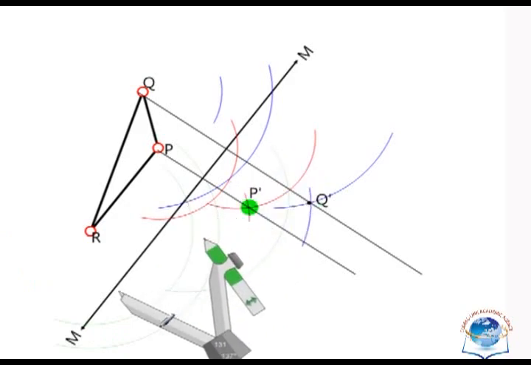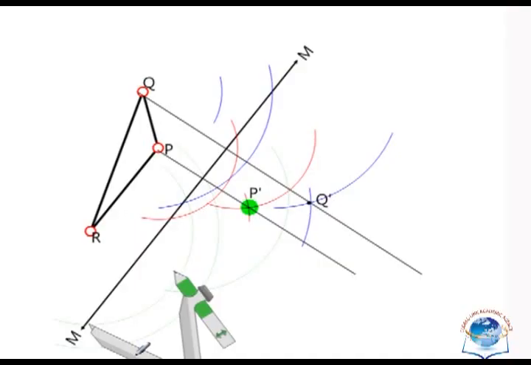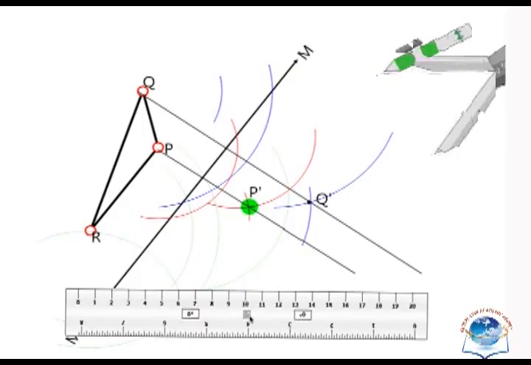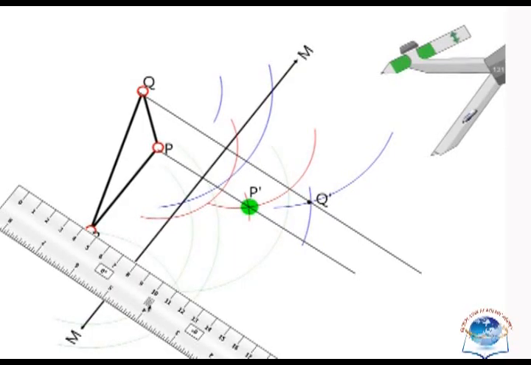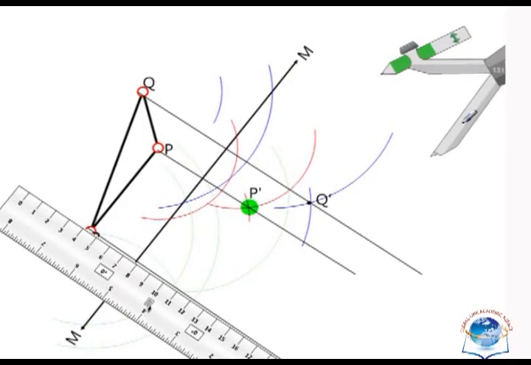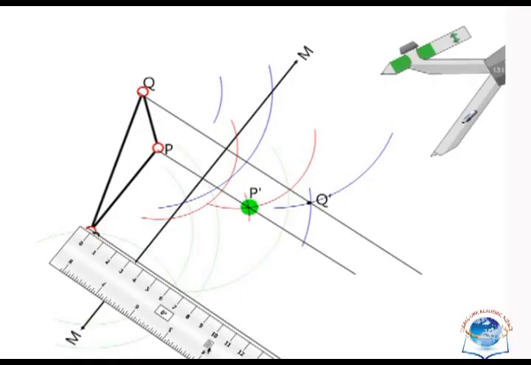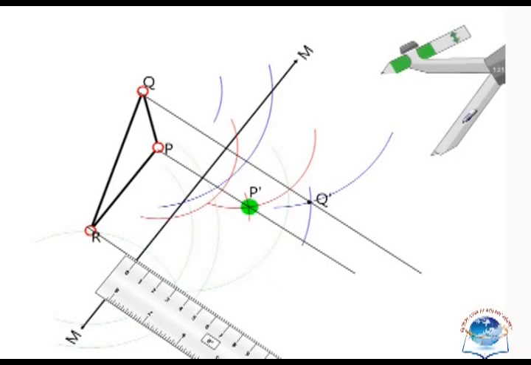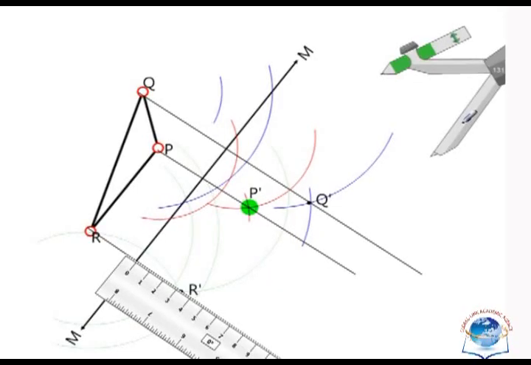Come down here and make an arc. Join point R to the point of intersection of the two arcs. Take the measurement from R to the mirror line and measure the same distance on the opposite side. And we have R'.